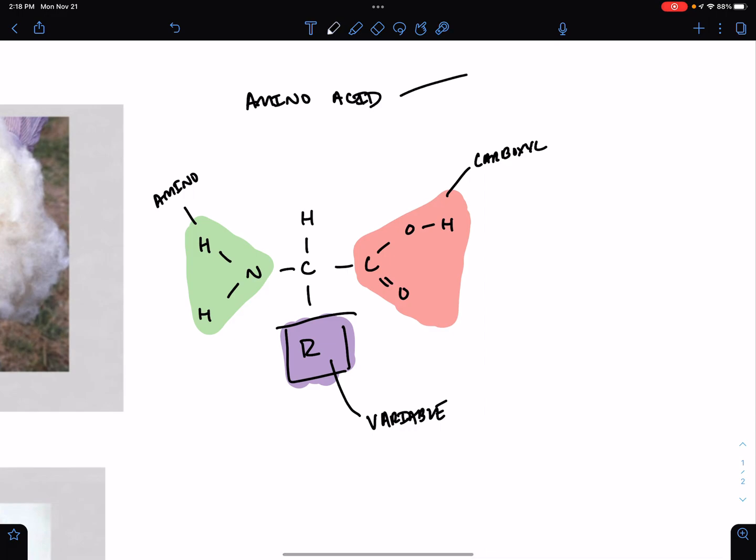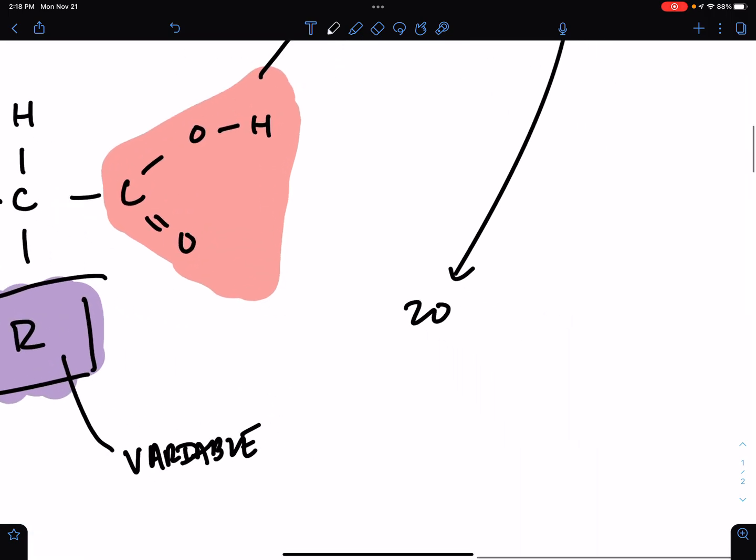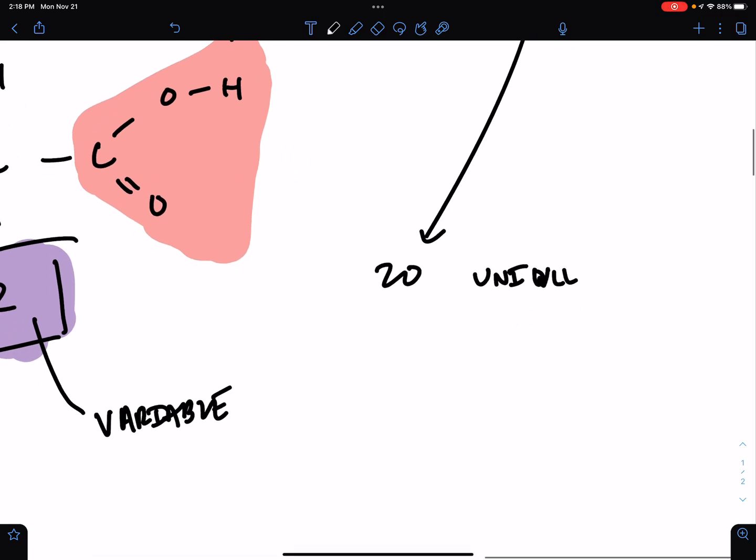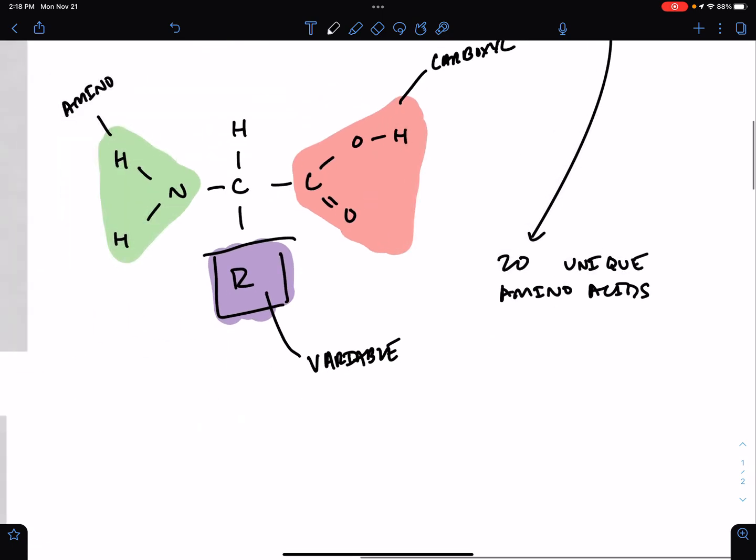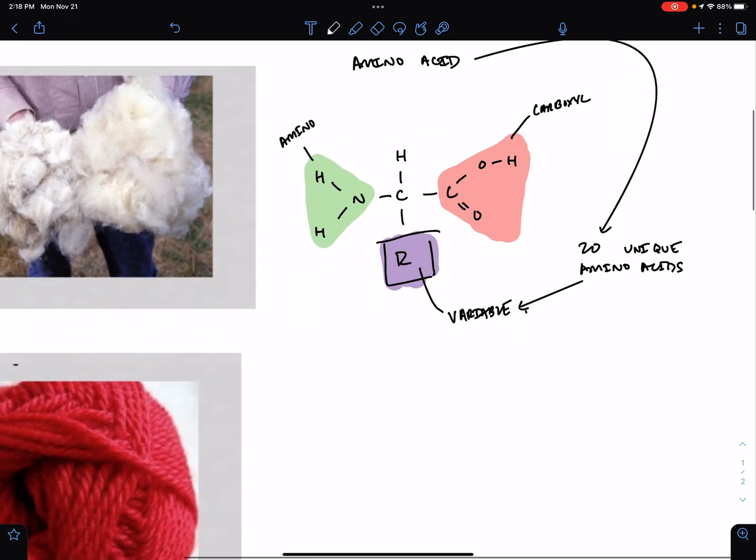Okay, how many different types of amino acids are there? Well, there are 20 unique amino acids. And what makes them unique is this variable group that is hanging off the end of this chain.